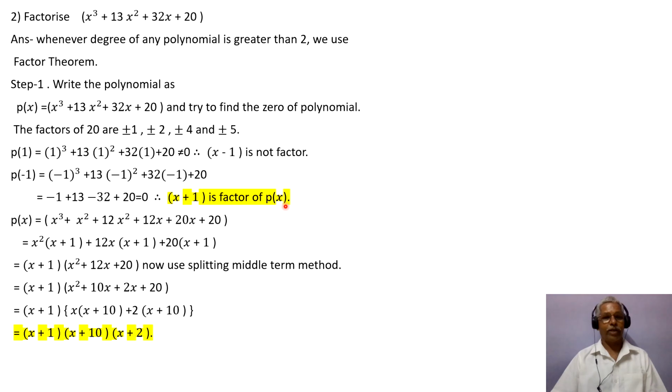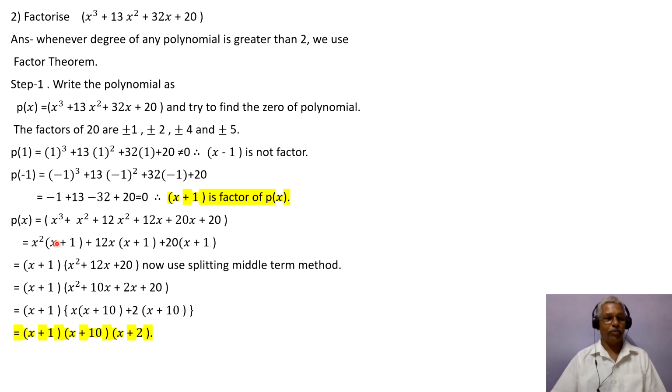Very simple. Now keeping this in mind, now this very, very important step: split this in this manner. x cube is to be taken as it is. Now 13x square is to be written as x square plus 12x square, so that in this and this you take these two terms.